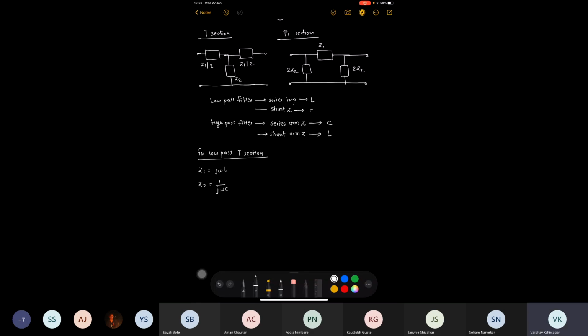Therefore, T section impedance ZIT will become under root L by C times 1 minus omega square LC divided by 4. Okay. So this is the low pass T section.